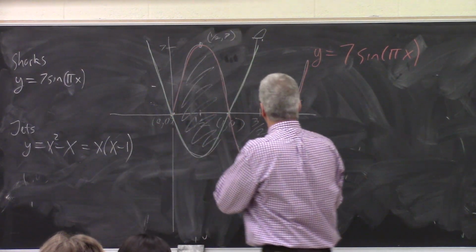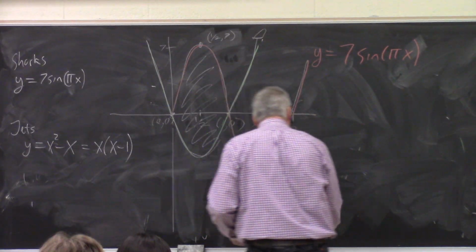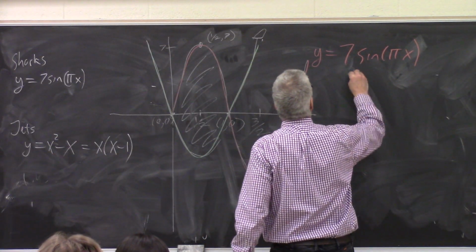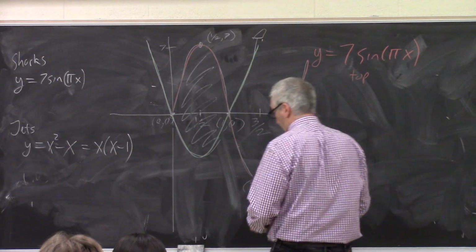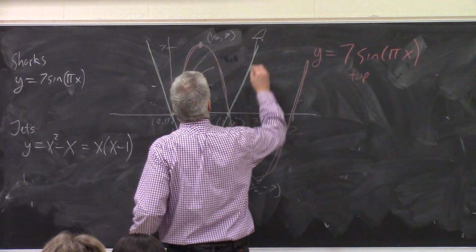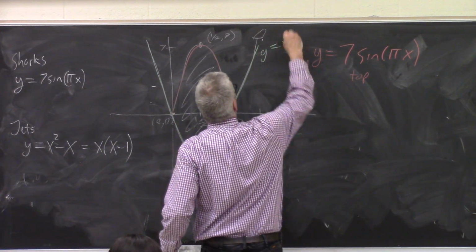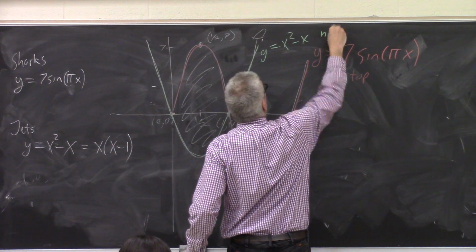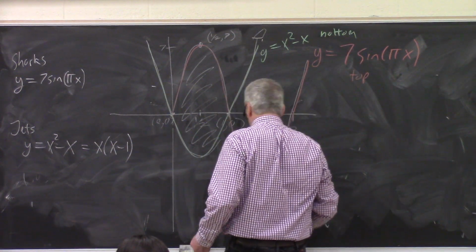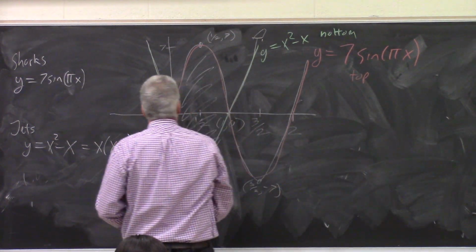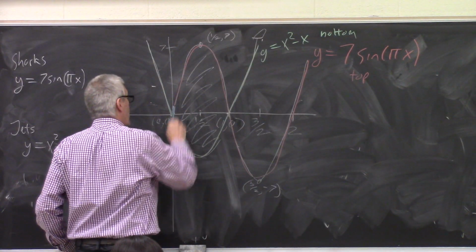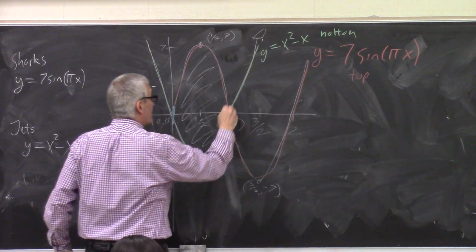So all this work went into just figuring out the top graph and the bottom graph. And my interval goes from x equals 0 to x equals 1.